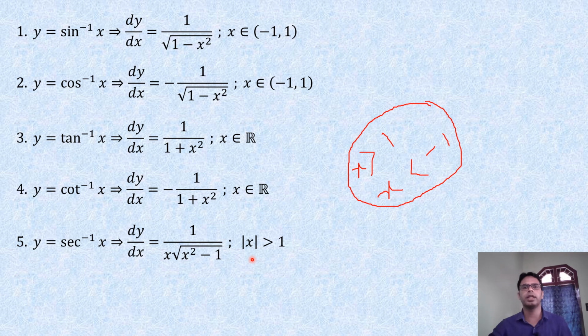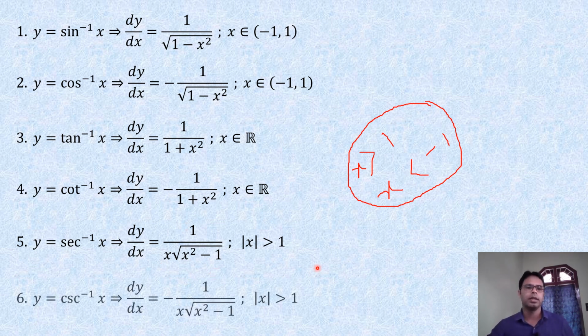Those values of x can be taken here, and other values of x will be undefined. So d/dx of sec inverse x is equal to 1 by x into root over x square minus 1.